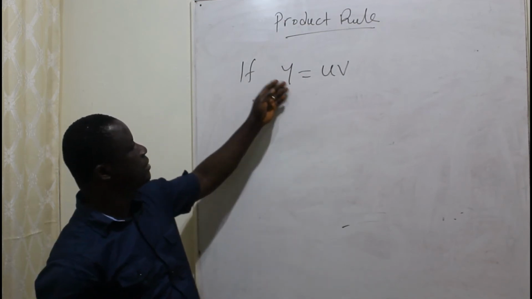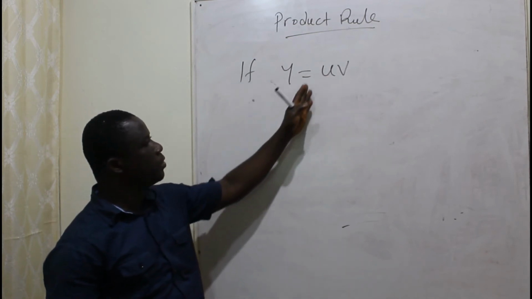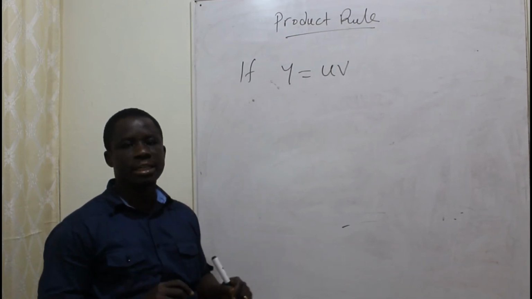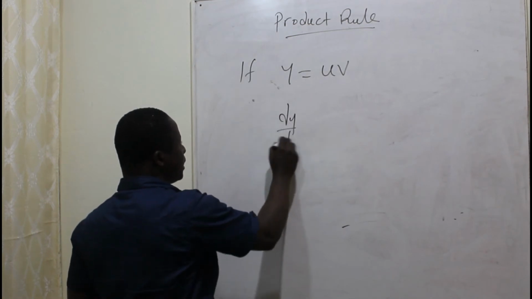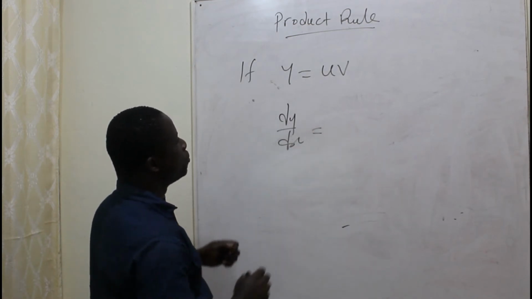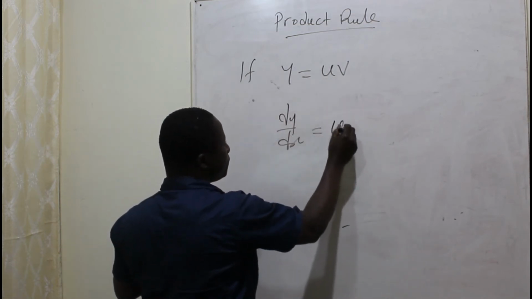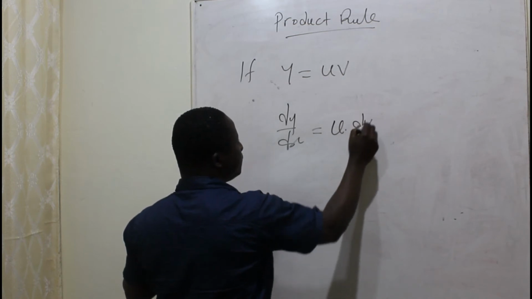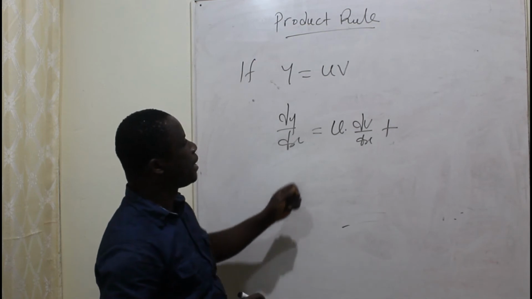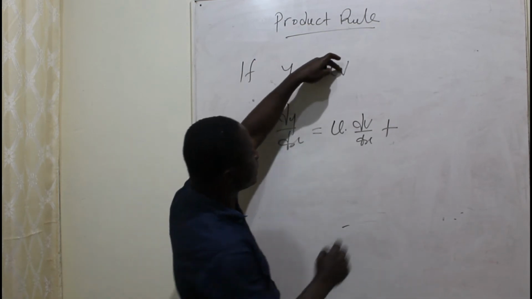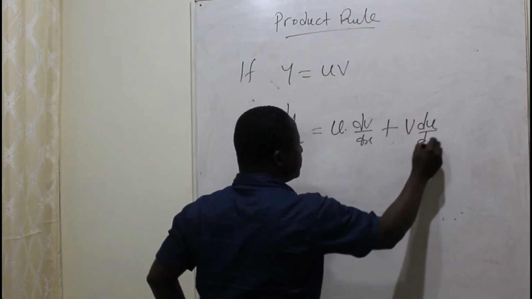So when y equals uv, where both u and v are functions of x, the rule says that if you want to find dy/dx of this function, you maintain any of them first. So you maintain the function u, then you find dv/dx, plus you maintain the next function, which is v, then you find the derivative du/dx.